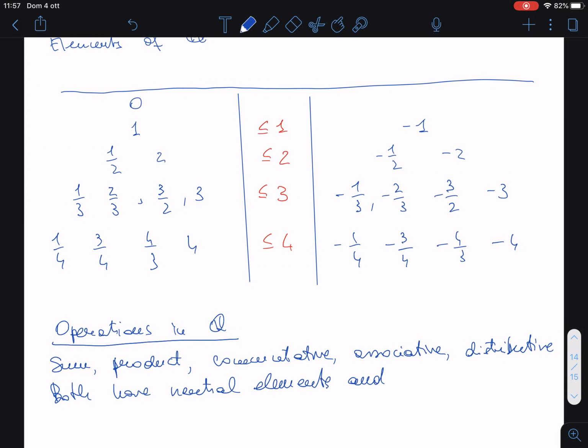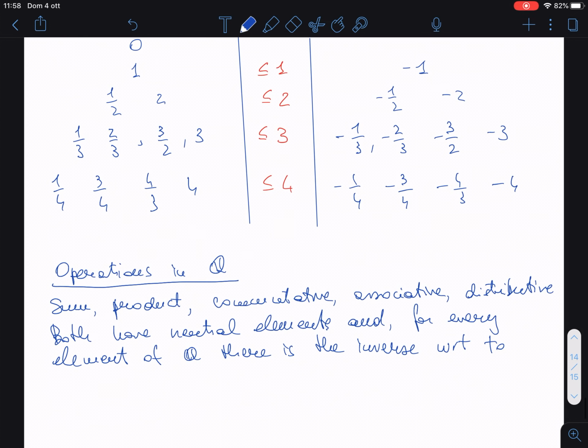And for every element of Q there is the inverse in Q with respect to sum, and the inverse, which is another one, with respect to product, except for the 0. 0 has no inverse with respect to the product.